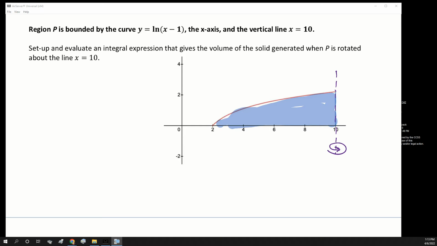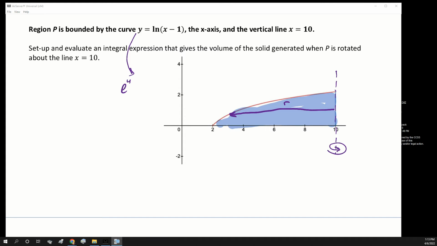Okay, same exact words. We are going to draw our radius from the axis of revolution to the curve. That's R. Anytime you draw that and it's a horizontal radius, then this curve needs to be in terms of y, so we have to solve it for x. To solve it, you basically exponentiate it.